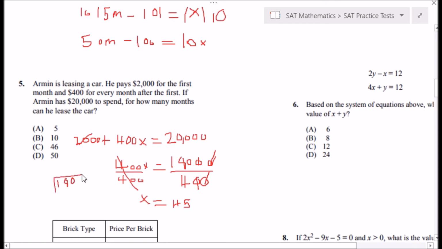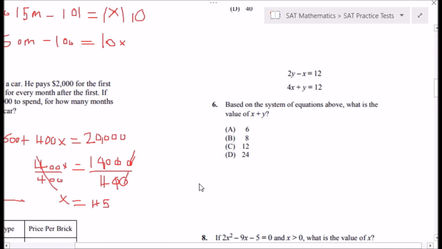But you know, the key with the SATs, you gotta go fast so you can finish. The problem isn't that the questions are hard, but you just have to find ways to finish the questions faster. So 2,000 plus 400 times 45 will give us 20,000, and our closest answer is C.